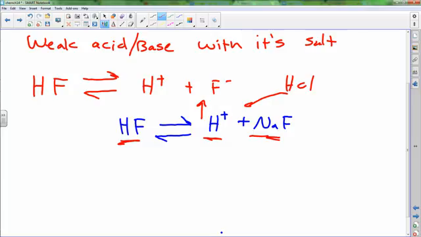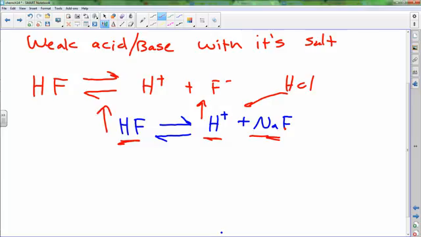And what's actually going to happen is that more of these H plus ions, because there's extra of them in this case, some more of these is actually going to combine with the fluorine ions, and we'll actually get an increase in the HF over here.